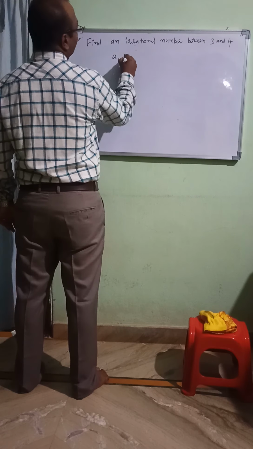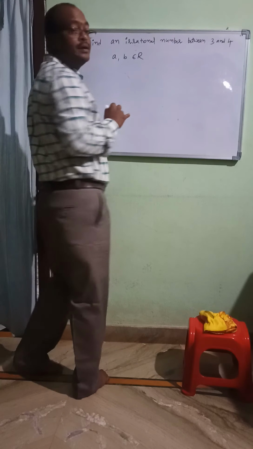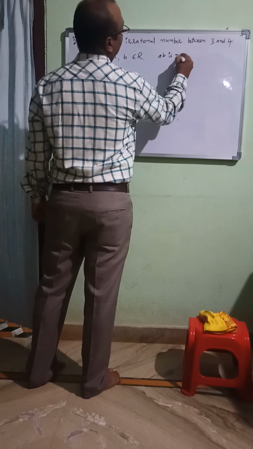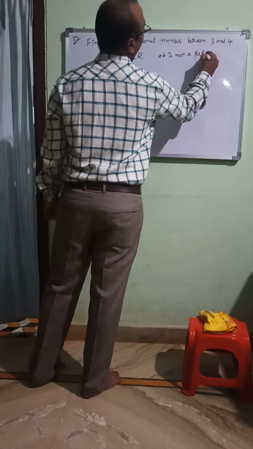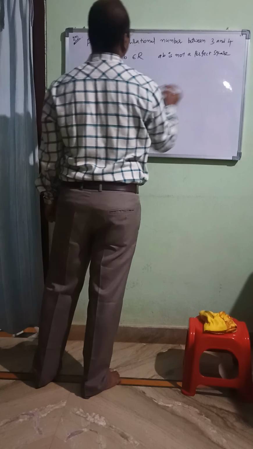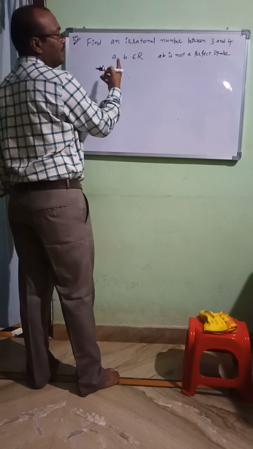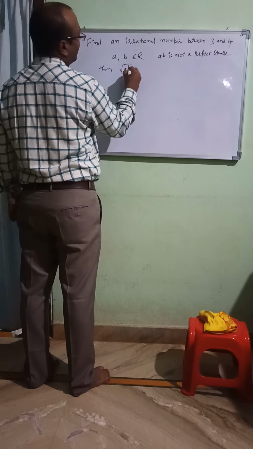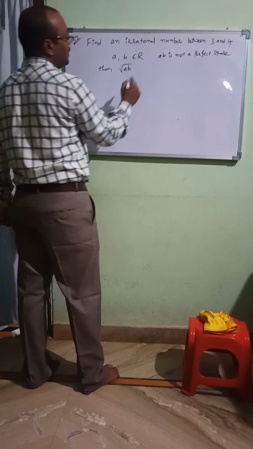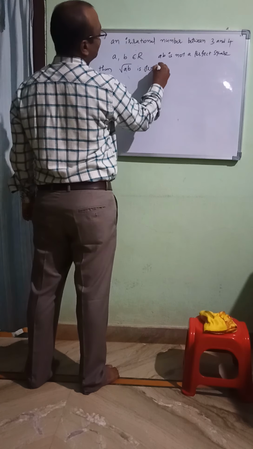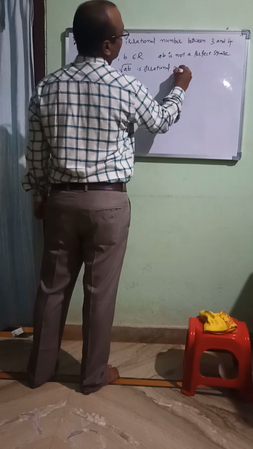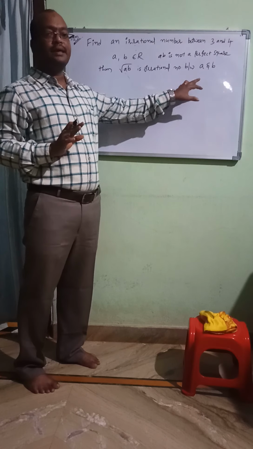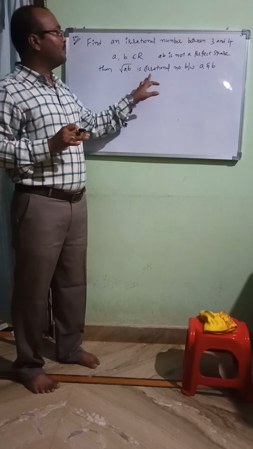Suppose A, B are rational numbers, and AB is not a perfect square, then root AB is an irrational number between A and B. In exams, there is no need to write these things. For your understanding, I wrote this one.